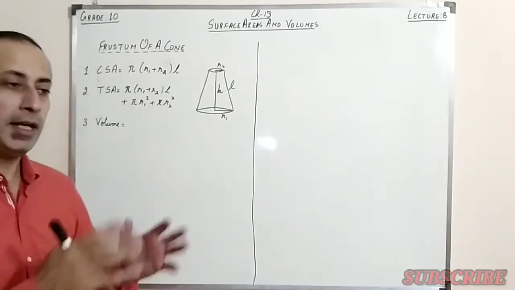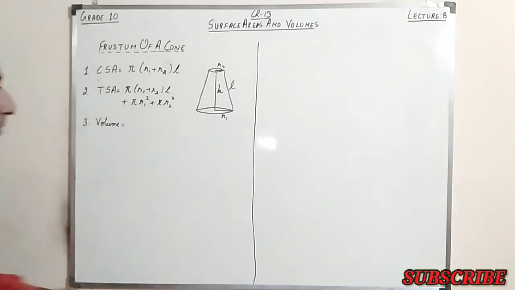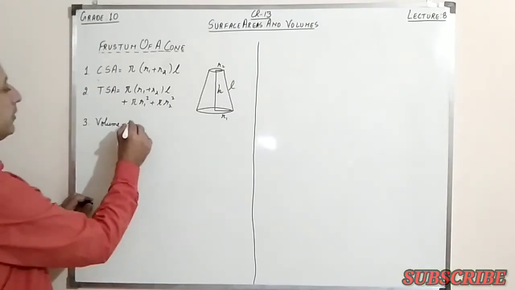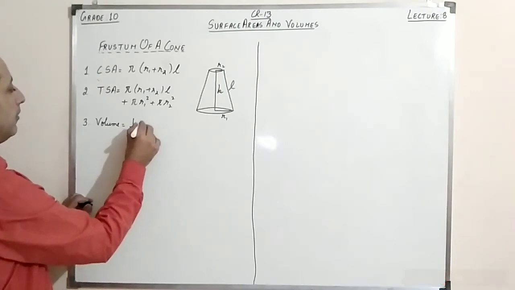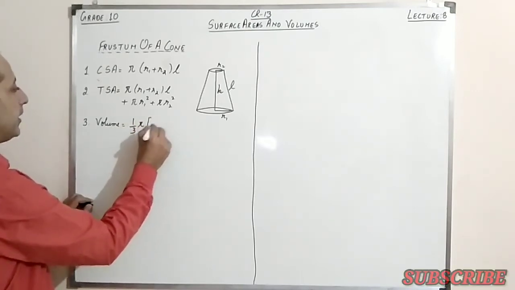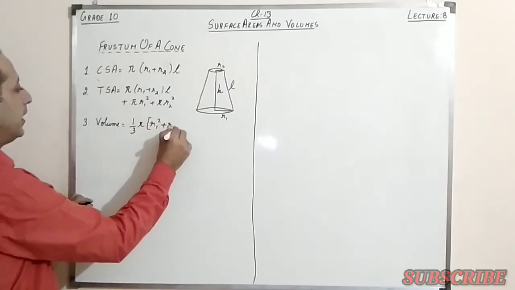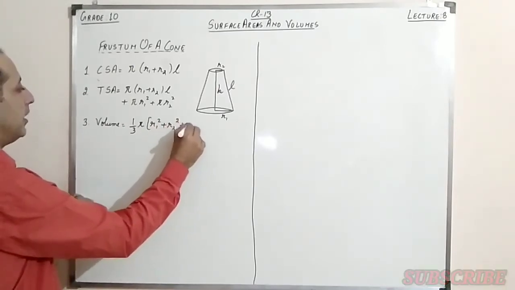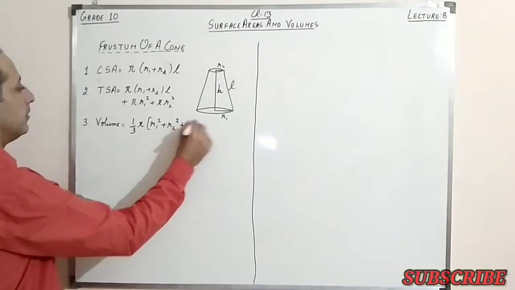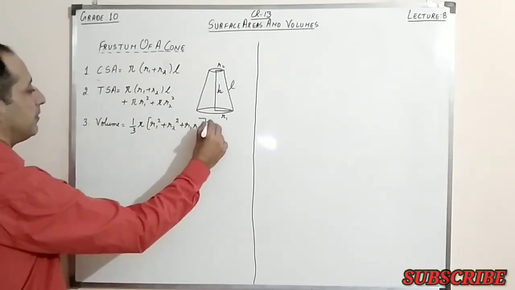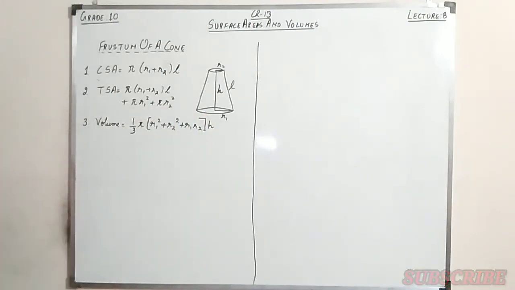So here the volume is 1 upon 3 pi, and inside the bracket we have R1 square plus R2 square plus R1 R2, multiplied by h. This is the formula of the volume. Using these formulas, we will now do the questions of exercise 13.4.